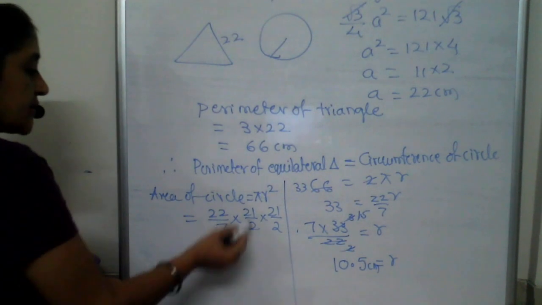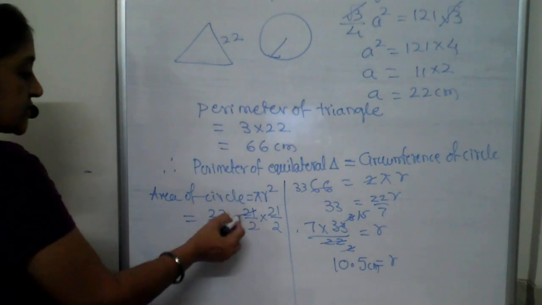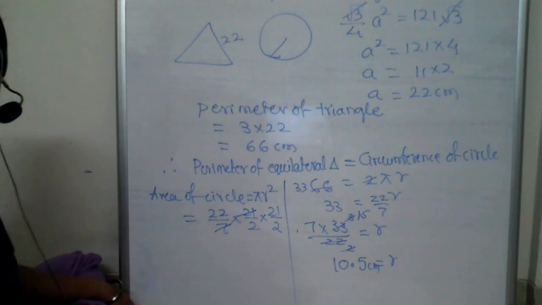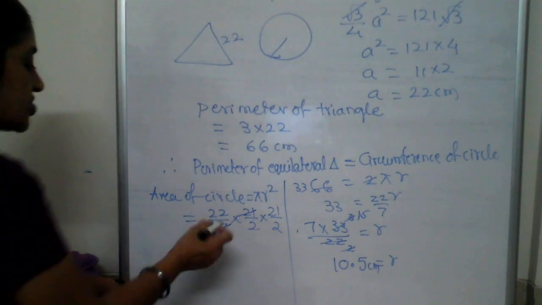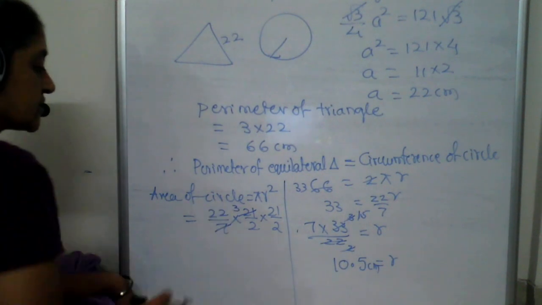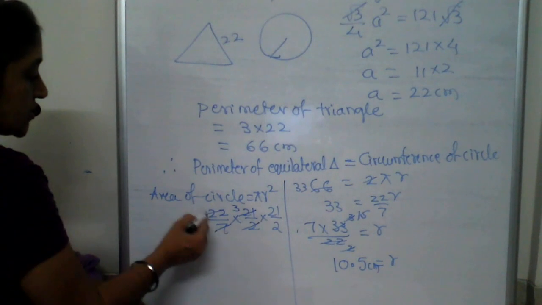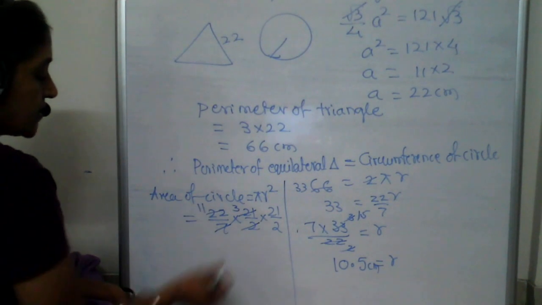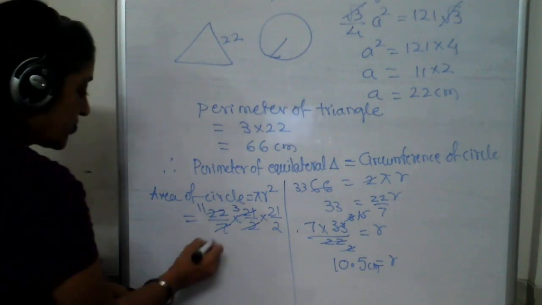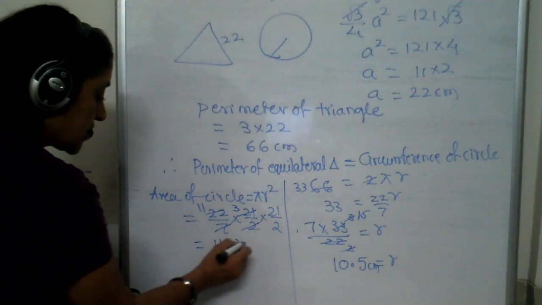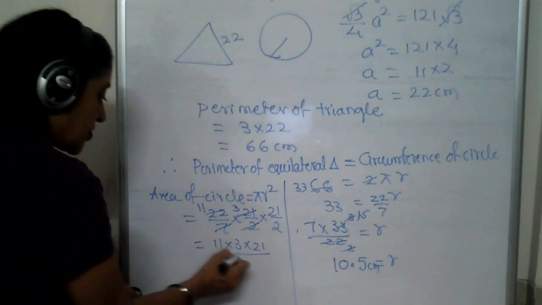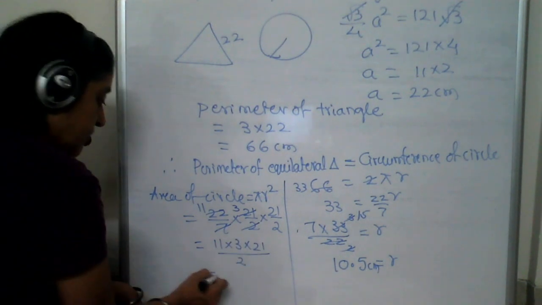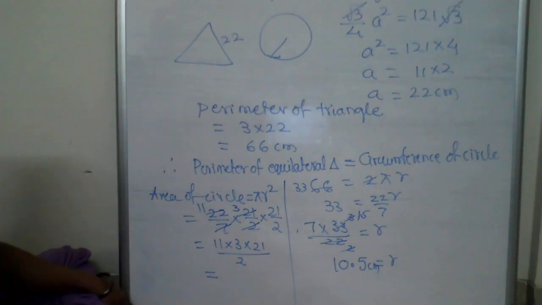Yes, they are. You can cancel it as 21 and 7: 7 ones are 7, 7 threes are 21. Here 2 ones are 2, 11s are 22, and the remaining will be 11 into 3 into 21 upon 2. Okay, now what is the result of this?